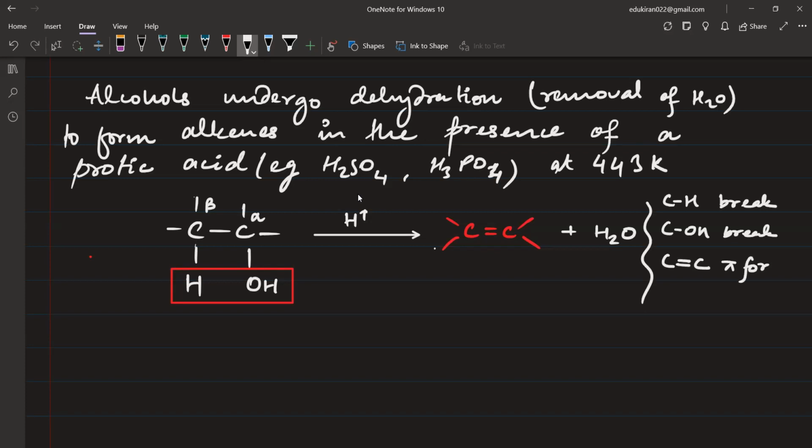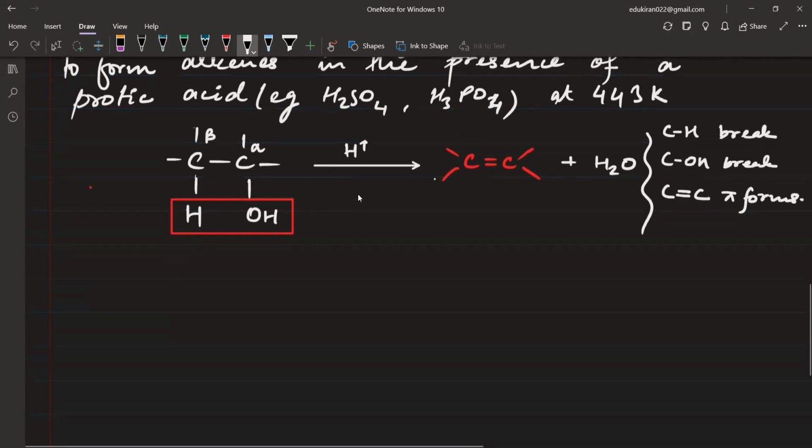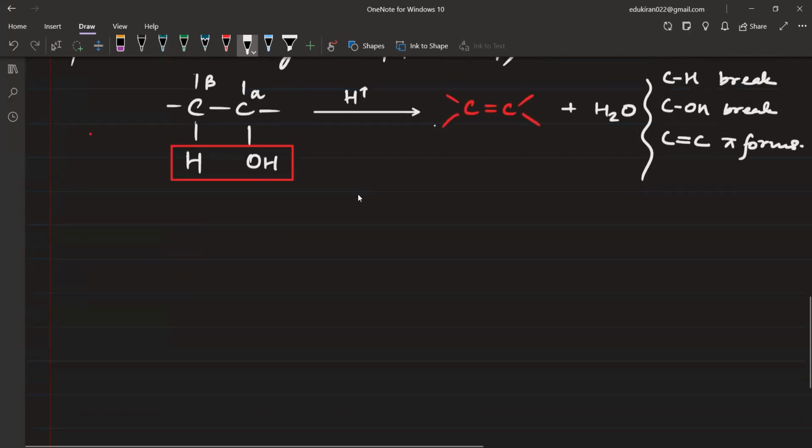Pi bond forms. Write this down. Let me know once you're done, then we are going to look at the mechanism. Done, sir. Now write the mechanism.